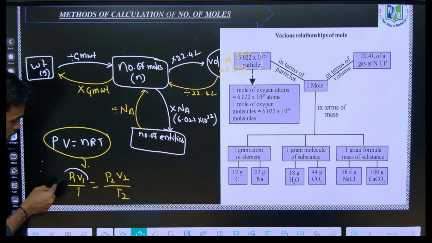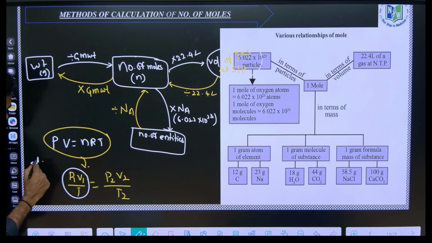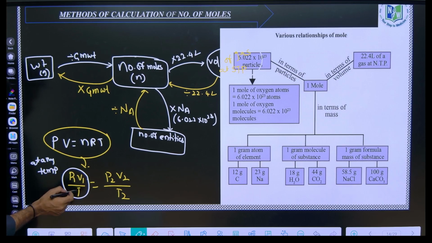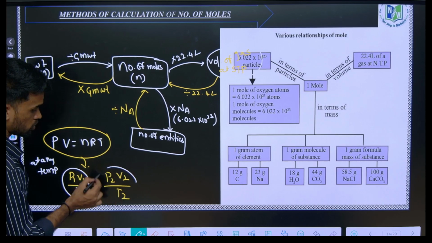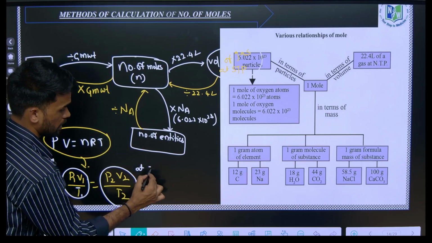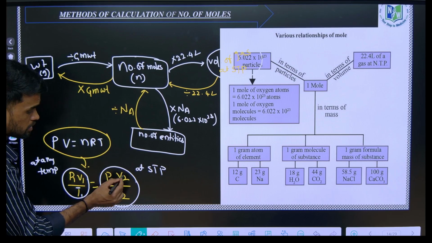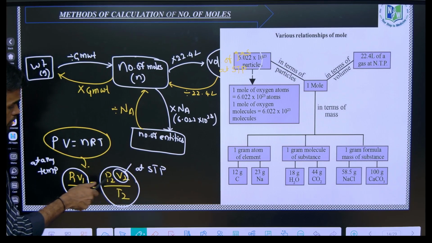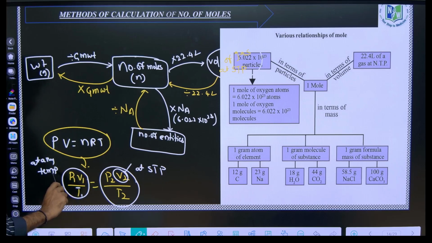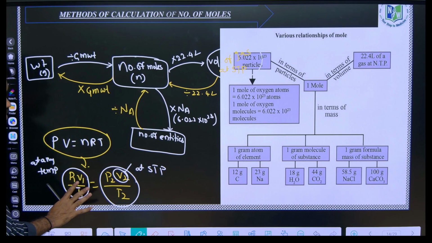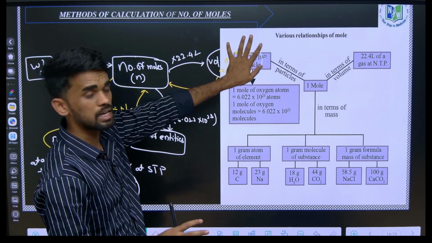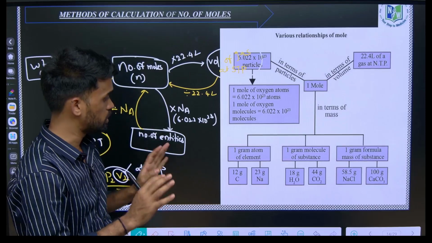So these conditions you can consider at any temperature, whatever they mention. Then you can find volume at STP and interlink with the other conditions. If they mention anything other than STP condition, you have to do this. If they mention particularly STP, you can directly take this relation. I hope this is very clear.